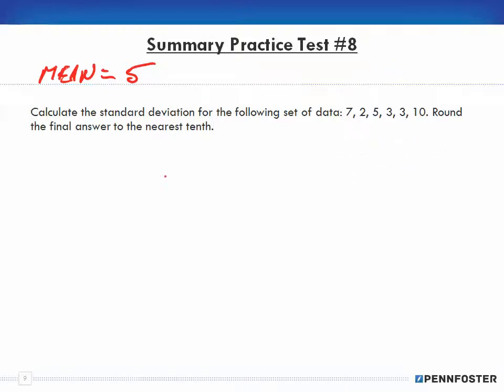Now, I have to find the sum of the squared deviations. And if you had looked at problem number 2 in the drill problems, or even in the tables and illustrations in the chapter itself, you would have found that they arranged the information by data.